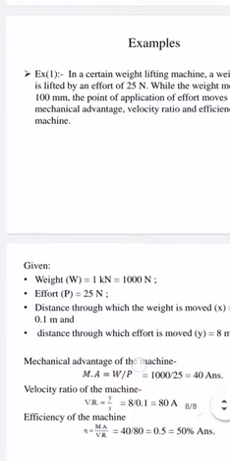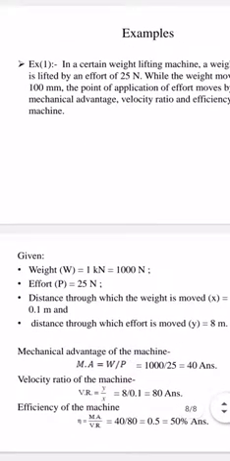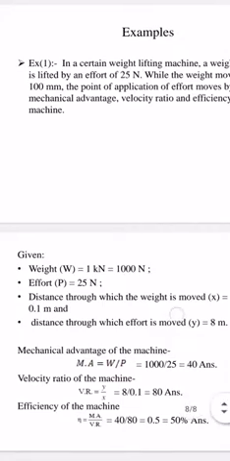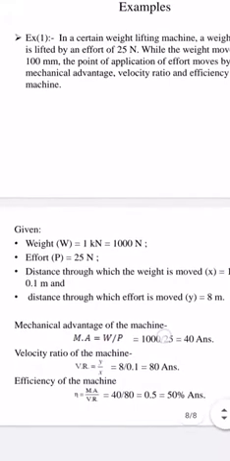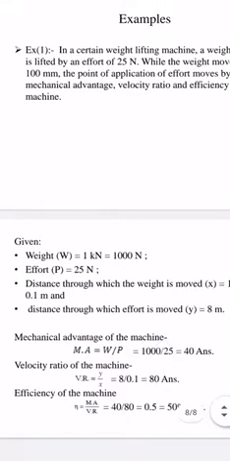So what is mechanical advantage? W upon P. W is 1000, P is 25. So 1000 upon 25 will be 40. So MA is equal to 40. That's your answer. Now velocity ratio. Velocity ratio is y by x. Y is 8, x is 0.1. We have converted mm to meter.